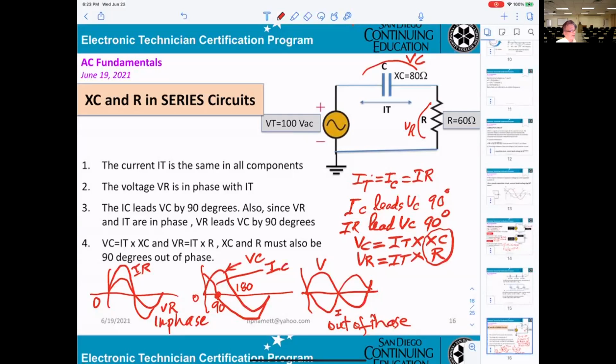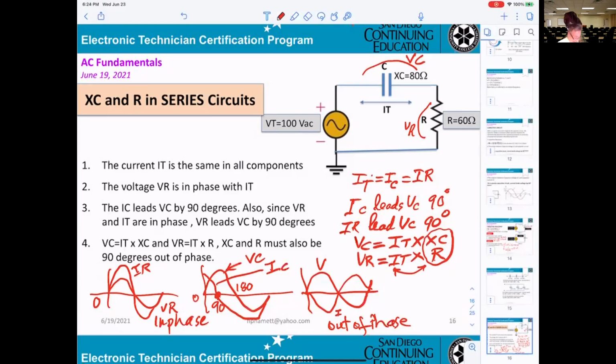R and XC cannot be in the same phase, we know. However, which one will be leading? R will be leading, correct? I'm telling you how. Now, what happened? R and IT, what is the phase? In phase. Same phase. Perfect.